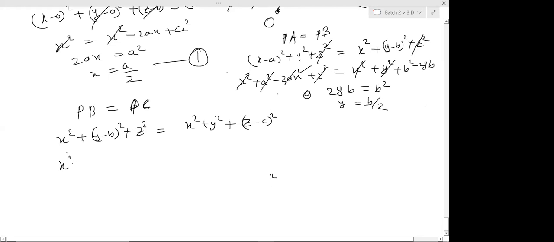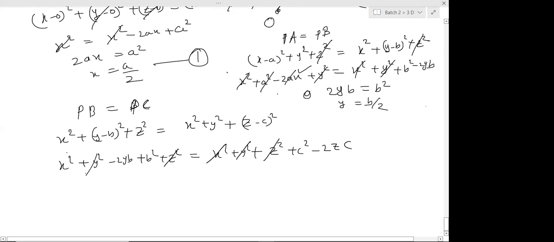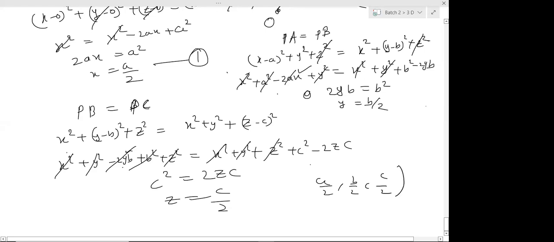So this is x square plus y square minus 2yb plus b square plus z square is equals to x square plus y square plus z square plus c square minus 2zc. This is cancelled. The value of y is b by 2. So b square is also cancelled. So c square is equals to 2zc. So z is c by 2. So the point is a by 2, b by 2, and c by 2.